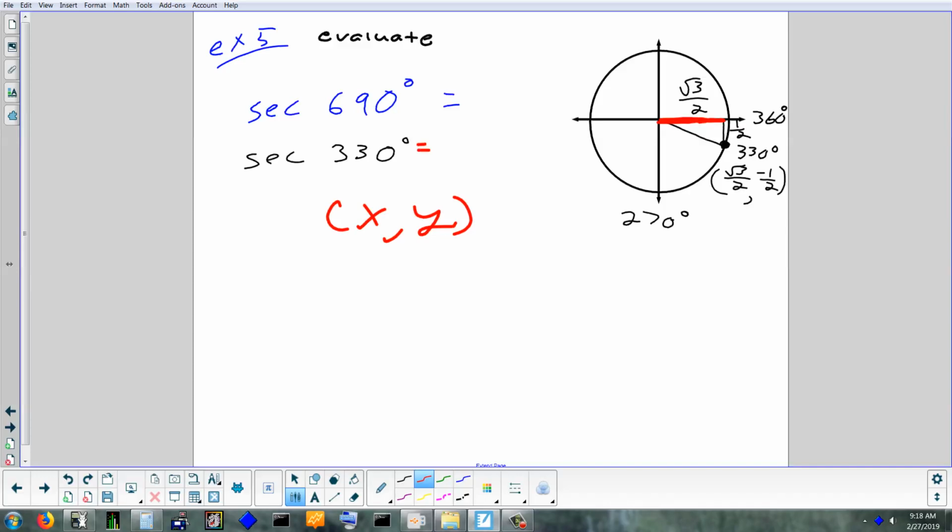Okay, Ellie, if I take the x value and flip it, what do I get? 2 over root 3. So 2 root 3 over... Well, the root is going to be gone from the bottom. It's just 3, because we don't want the root in the bottom. So it's 2 root 3 over 3. And that's your secant.